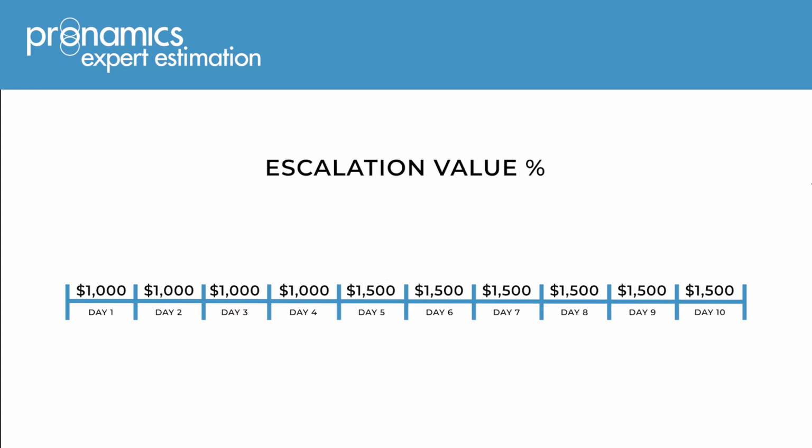You can also apply negative escalation value by decreasing the resource escalation value percentage. For example, on the 9th day of our example project, if we reduce the escalated daily resource value by 50%, it will be 50% of $1,500 or $750.